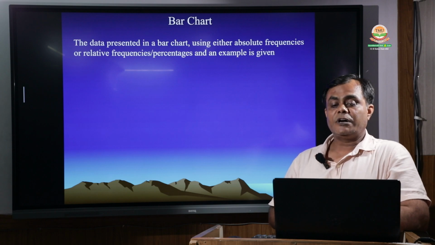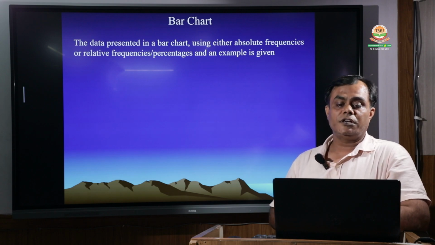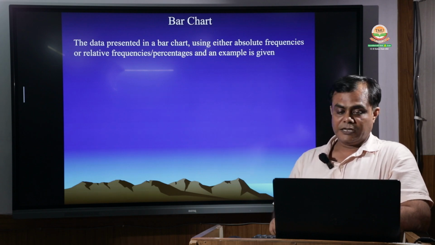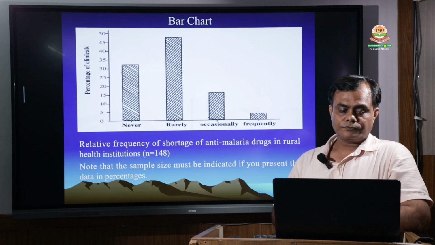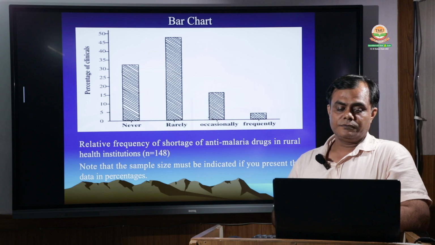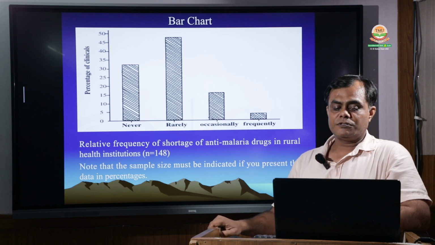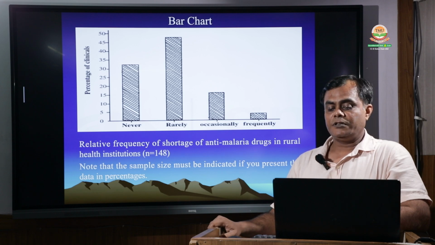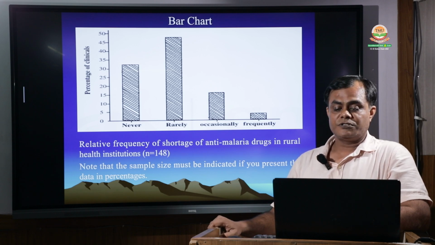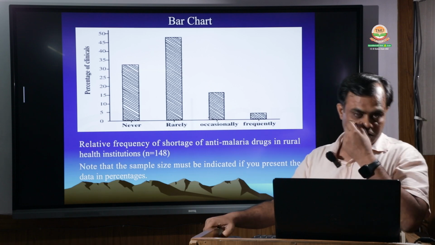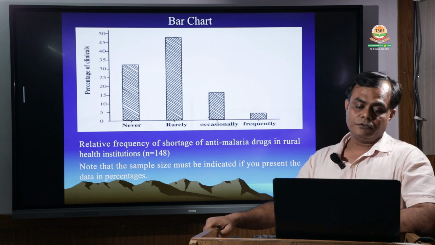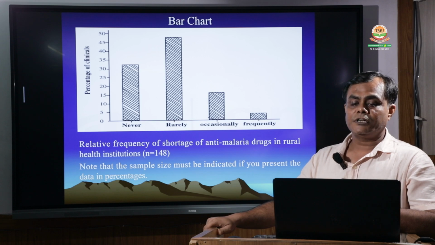Data can be presented in a bar chart using either absolute frequency, relative frequency or percentage, and an example is given in this slide: the percentage of clinics and relative frequency of shortage of anti-malarial drugs in rural health institutions. Note that the sample size must be indicated if you present the data as percentages. So whenever you present data as percentages, you have to ensure that the sample size is stated. This is how we present data in the bar chart format.